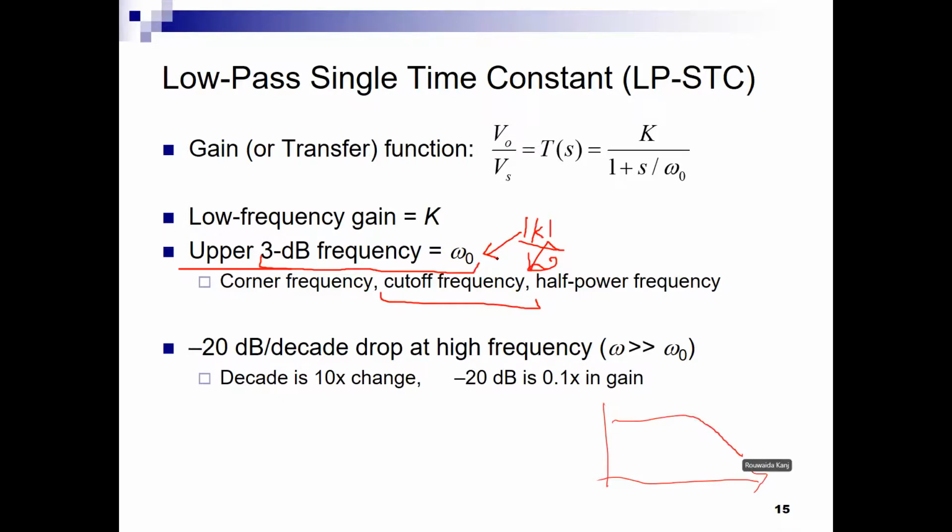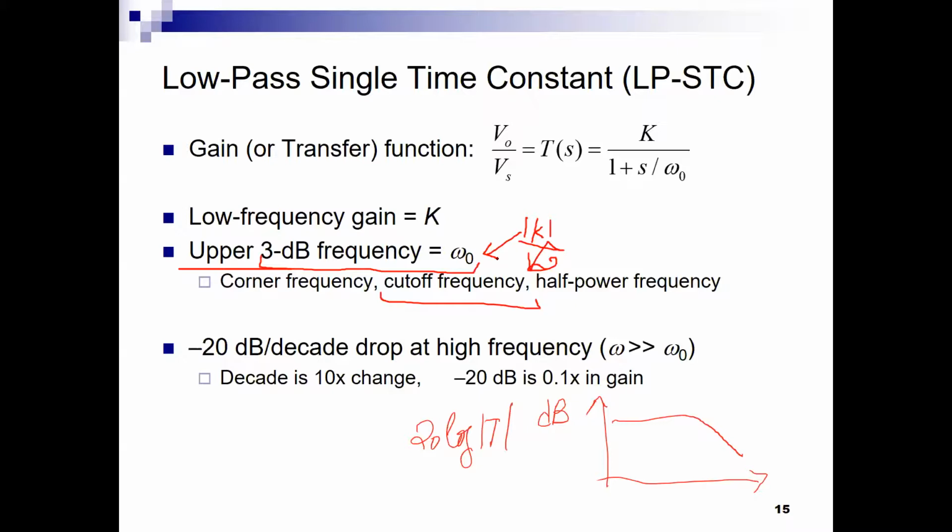And here, if I want to draw the gain in dB, this is going to be the 20 log magnitude of the transfer function T. Okay, so now we will take this and look at the Bode plot interpretation of what does this mean. Let us make a refresher on the Bode plot.